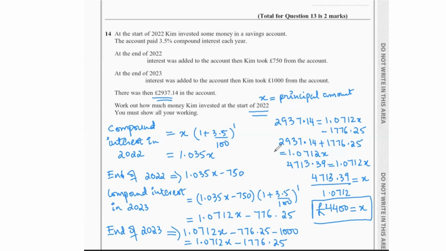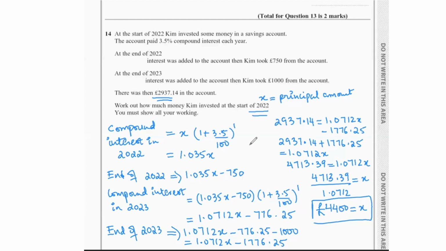In case in the exam you come across a similar question and you're confused about your value, what you can do is you can use your answer that you get, like for x, you can reverse the question, start using that value and do everything on that value that's given in the question. You find the compound interest for each year, subtract the value, then use that new value and find the compound interest again, and then subtract the value.